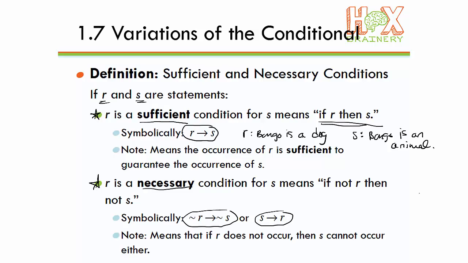And then let's do another mini example. Let's say R is Ted is at least 35 years old, and S is Ted is president.